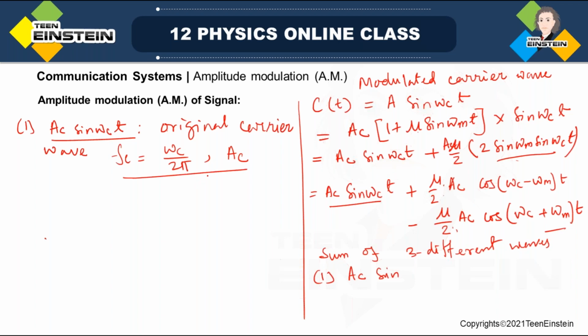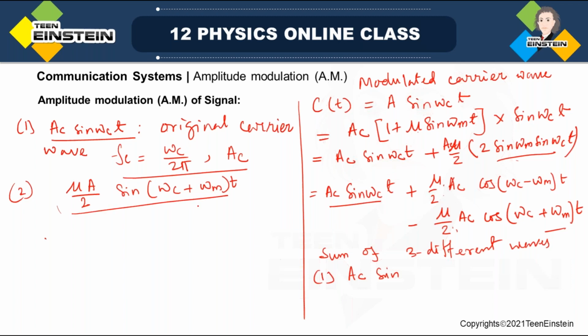Now the second wave has amplitude mu A by 2, and you can write sine of omega c plus omega m into t.